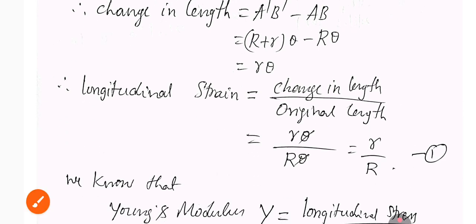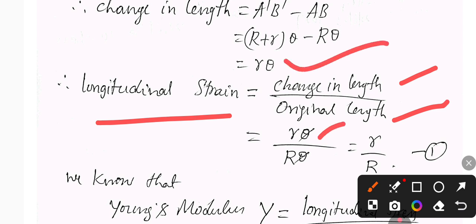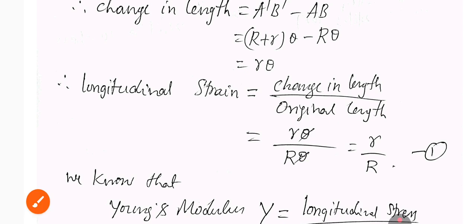But we know the definition of longitudinal strain: change in length to original length. So the change in length is small r theta, and the original length is capital R theta. Theta gets cancelled, and small r by R gives the longitudinal strain.